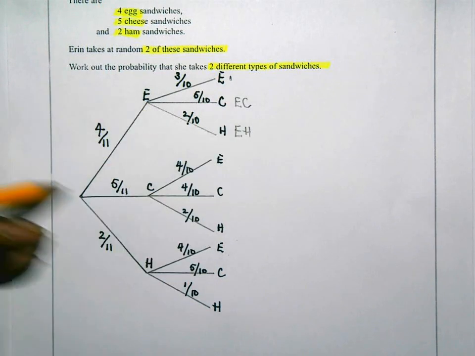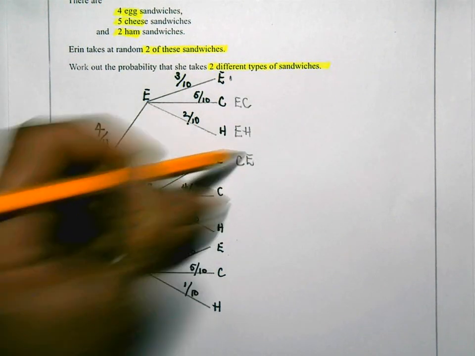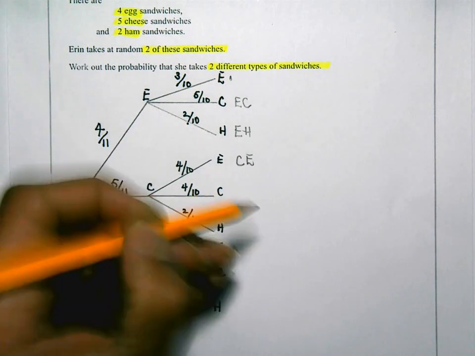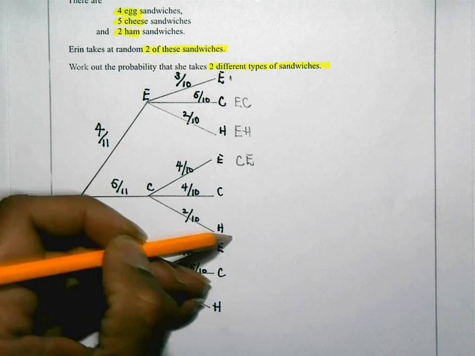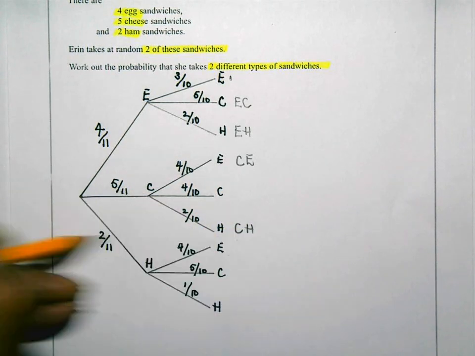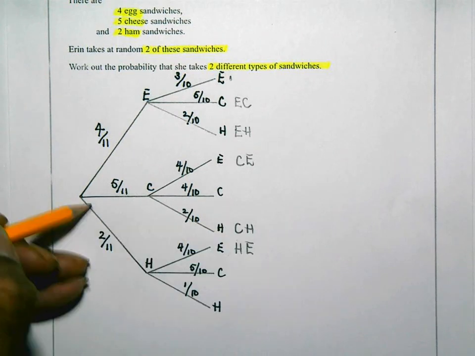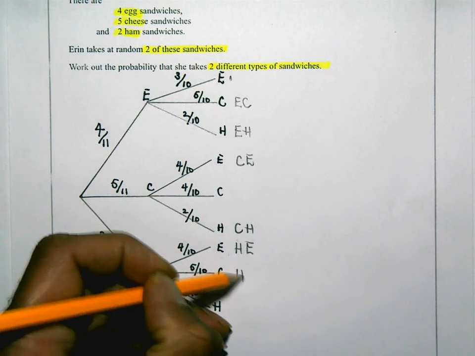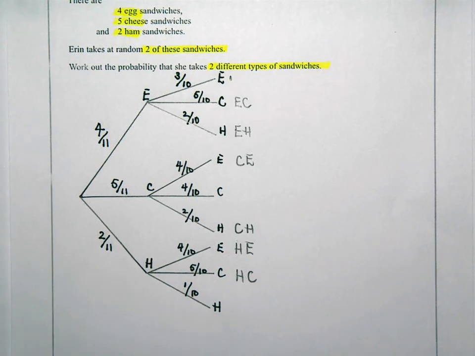Cheese and egg, cheese first, egg second. Cheese and cheese, so I'm not concerned with that because those are the same. I need 2 that are different. Cheese and ham, ham and egg, ham and cheese, and this one here is ham and ham, which I don't want because they're the same. Now I'm going to work out the probabilities of each of those.